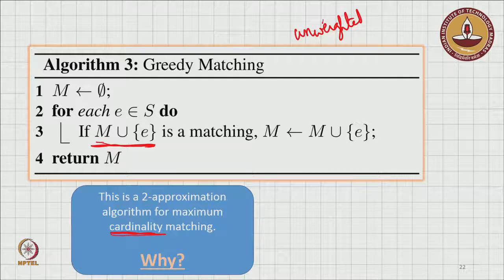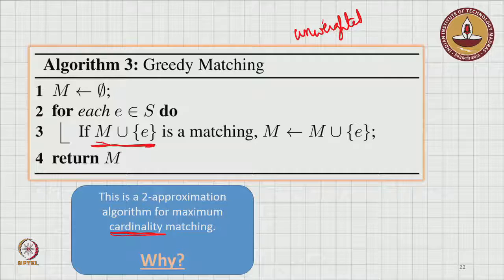No two edges in the matching should share an endpoint. If that property is violated, then you discard the edge E. On the other hand, if by including E you get a new matching, then you simply add that edge to the matching. So you assign M to M union this edge E.